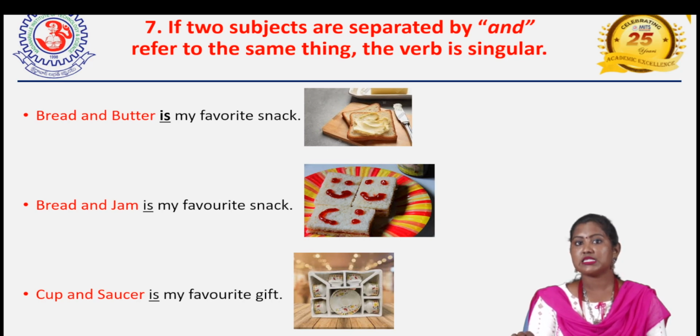Bread and butter is my favorite snack. Cup and saucer is my favorite gift. So certain things should be clubbed together. They cannot be separated. The meaning may seem meaningless if separated. So that part we have to understand very clearly. If two subjects joined by and refer to the same thing, the verb is singular.